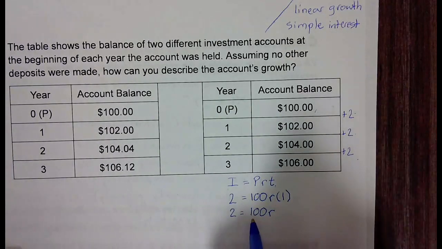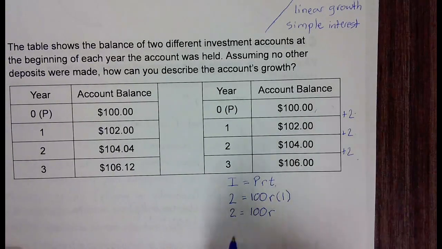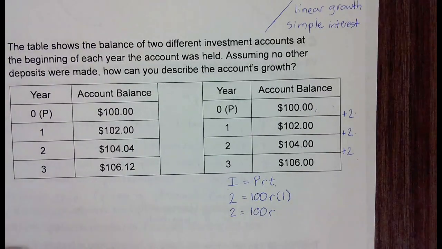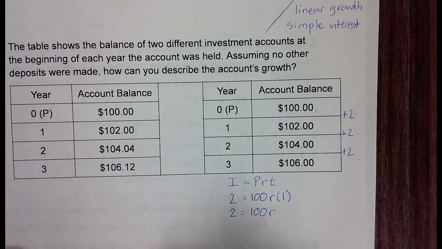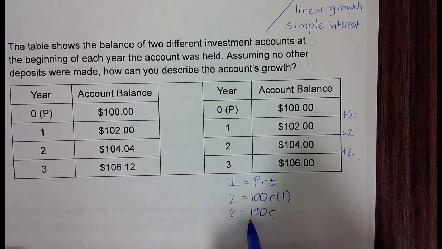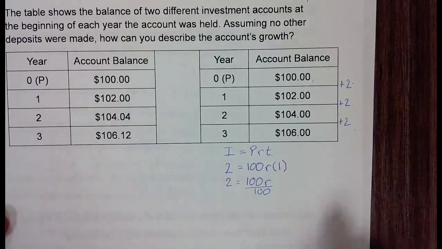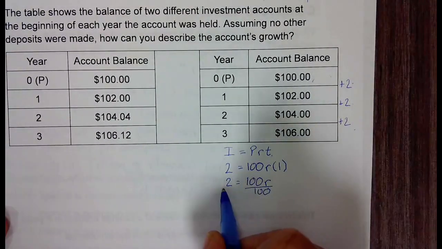And then, to find r, I want to isolate r, or get it all by itself, get everything else away from it. Since I'm multiplying here by 100, I'm going to divide by 100, but I can't do it only on one side. I have to do it on both sides of the equation. So divided by 100.